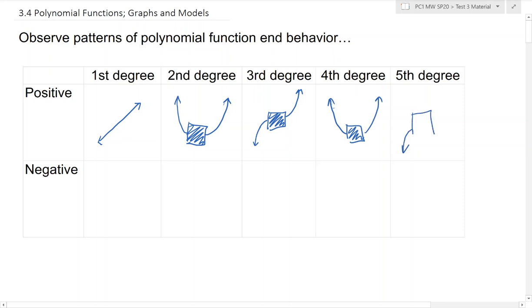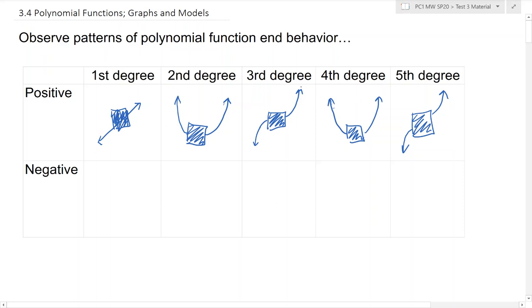And a fifth degree, you may have guessed, is going to look similar to the third degree. And if we did the same thing here, we don't ever look at what's in the middle of that graph. The end behavior, you can see a pattern. If it's odd, then it's starting down here and ending up here.